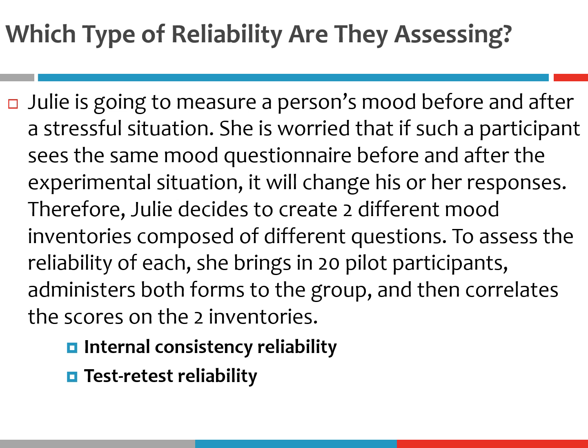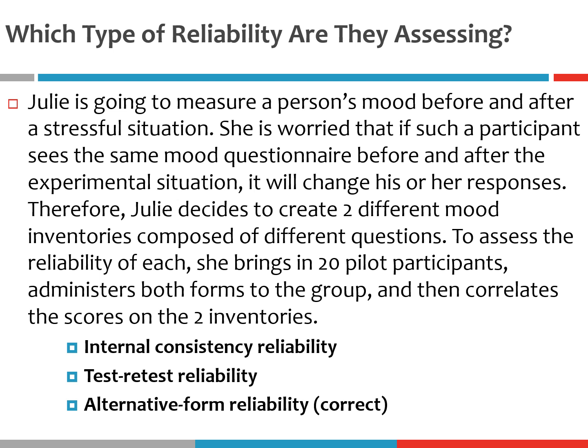Here we have two. It's not test-retest because the same people are not taking the test twice. For this to be test-retest reliability, the same participants would have to take the same scale at two different time periods, and that's not what's happening here. Here you have 20 participants taking two different scales at the same time and seeing if those scales are equivalent. So we have alternate form reliability.